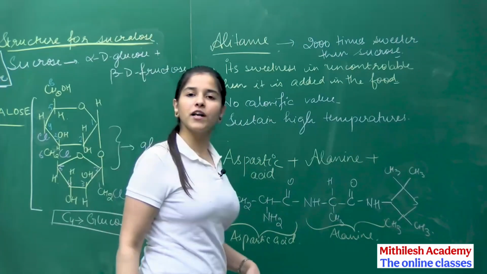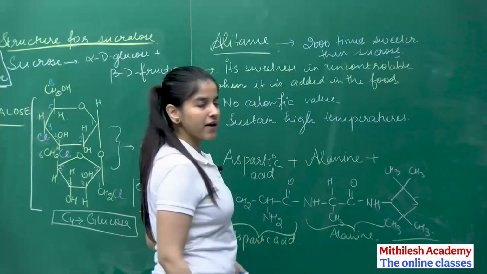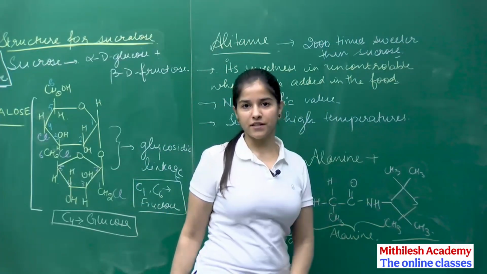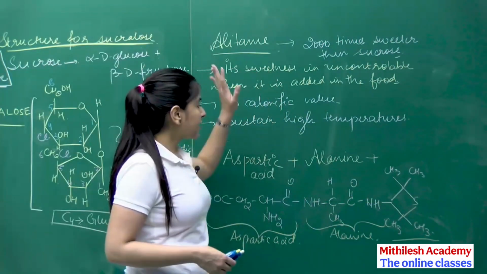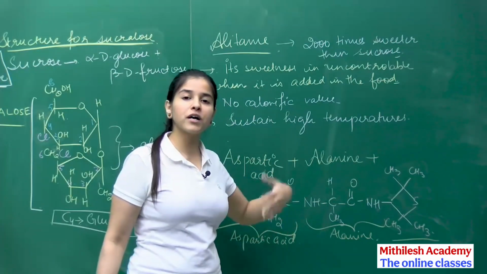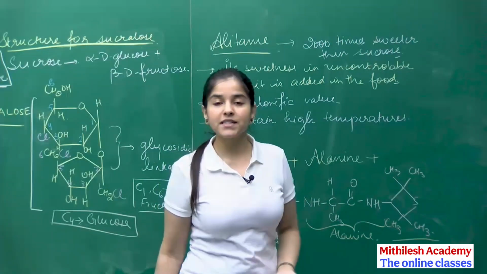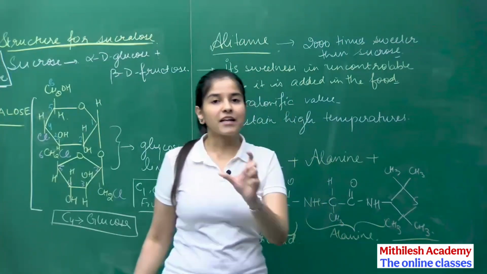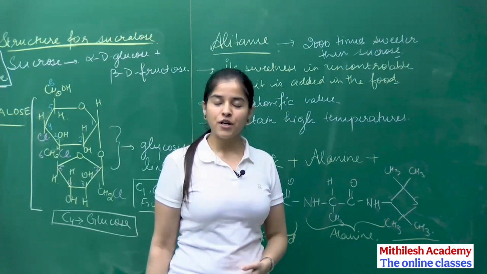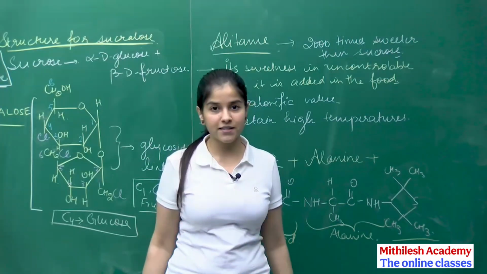So I hope you all are able to follow, and this is the extra part that we have connected over here. So this makes a brilliant sweetening agent having 2000 times more sweetness than my natural sugar, that is the sucrose. So I hope you all have got this. We are through with the artificial sweeteners here.